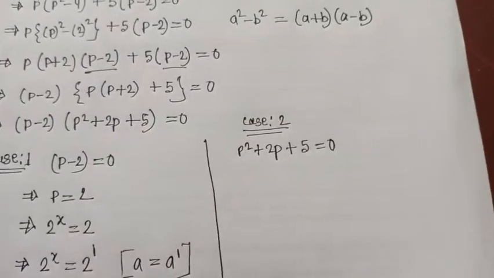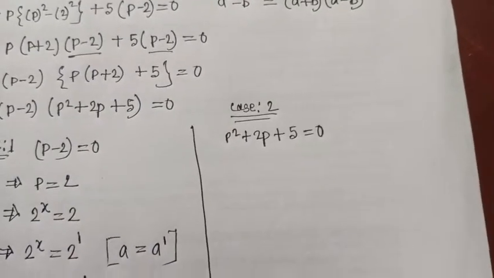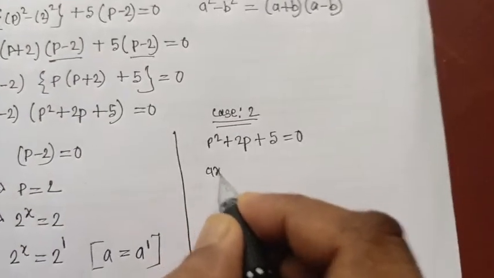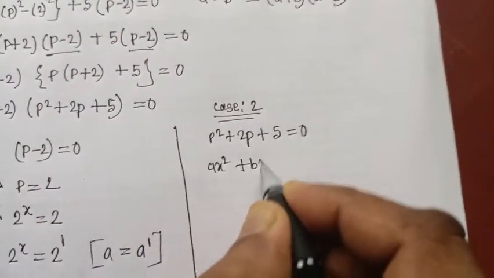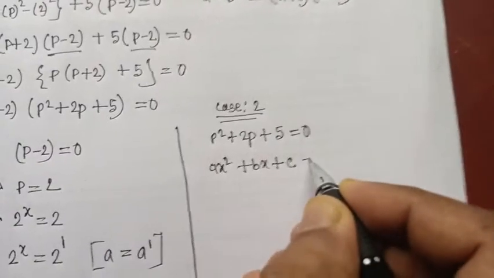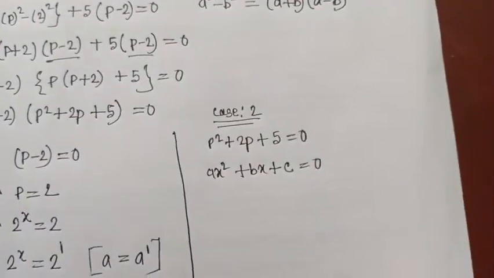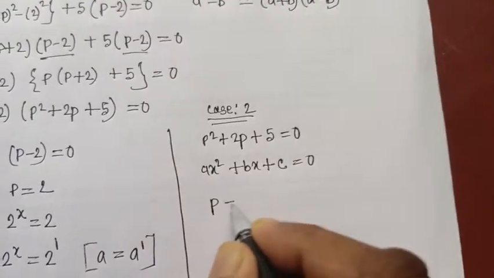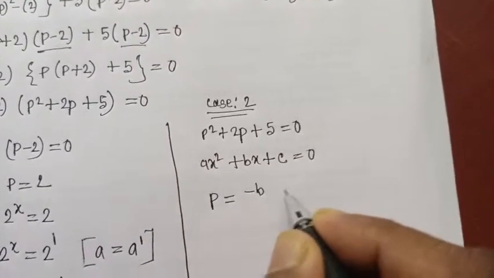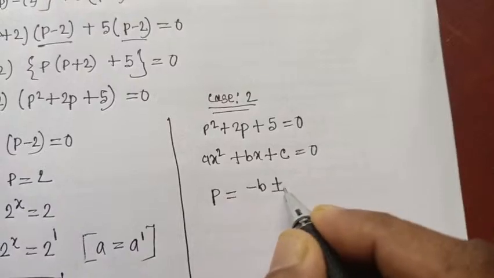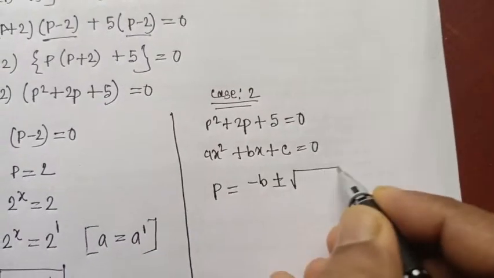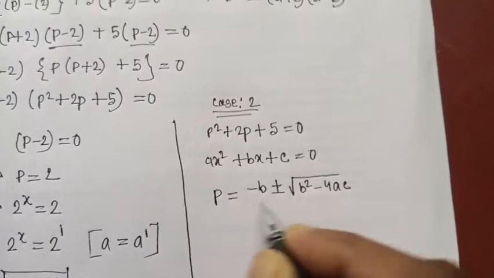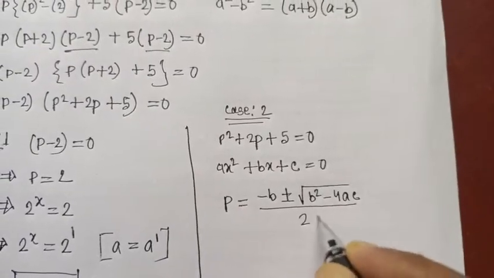Now the above equation is like a quadratic equation, ax square plus bx plus c equals 0. So the roots of the above expression should be p is equal to minus b plus minus root over b square minus 4ac by 2a.